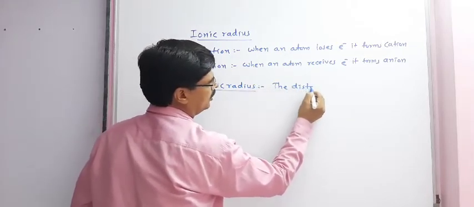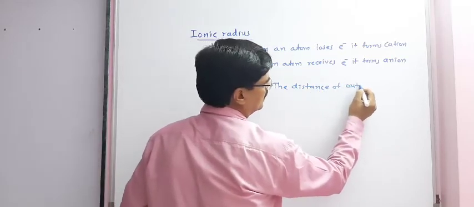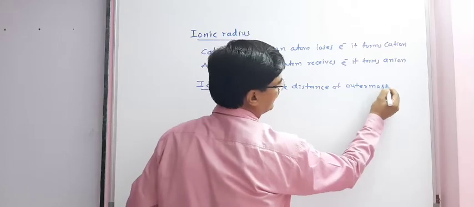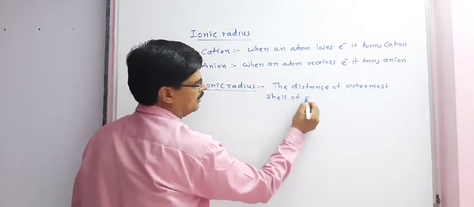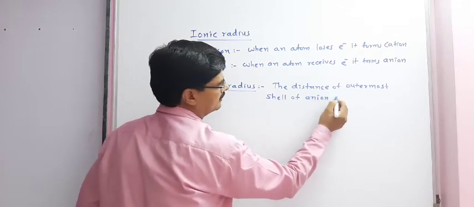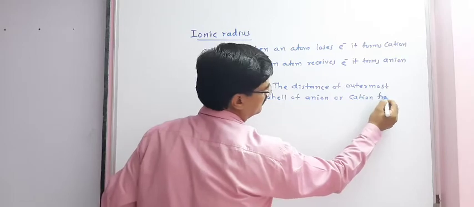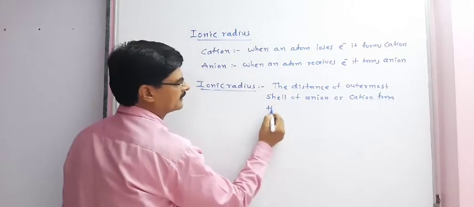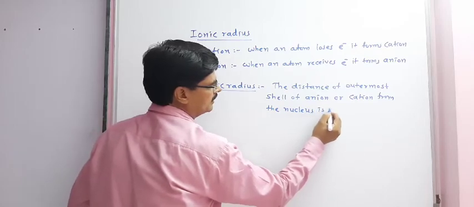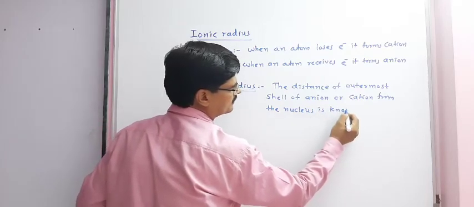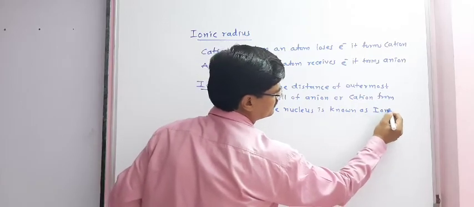So the definition of ionic radius can be given as the distance of the outermost shell of anion or cation from the nucleus is known as ionic radius.